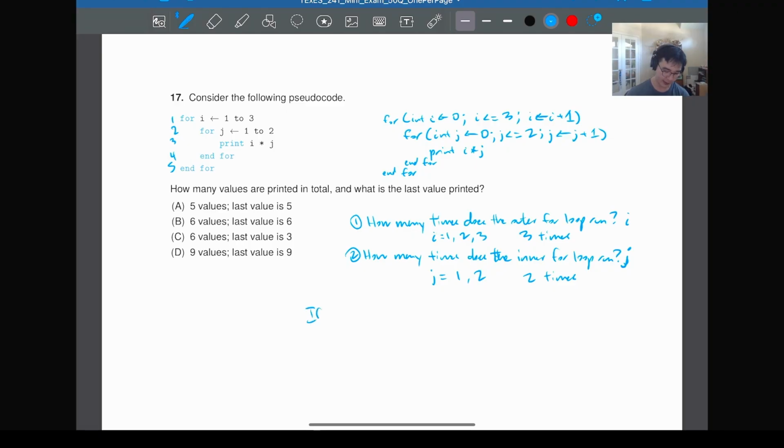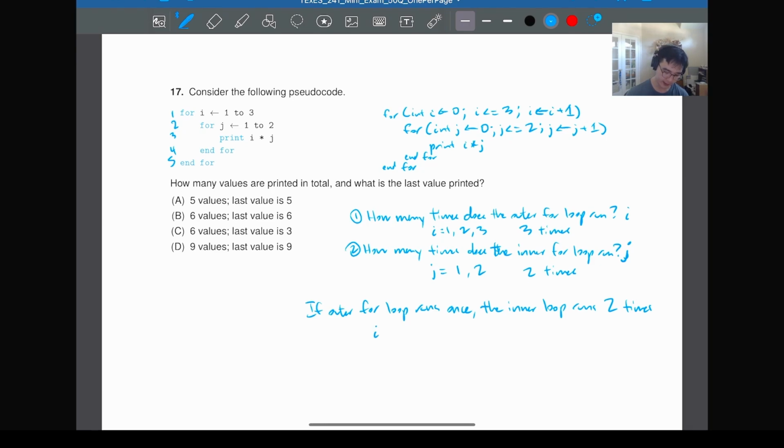So if the outer for loop runs once, the inner loop runs 2 times because it runs for j is 1 and 2. So this would be multiplicative. It's going to run i times j times, which is 6 times. So we can cross off A and D.